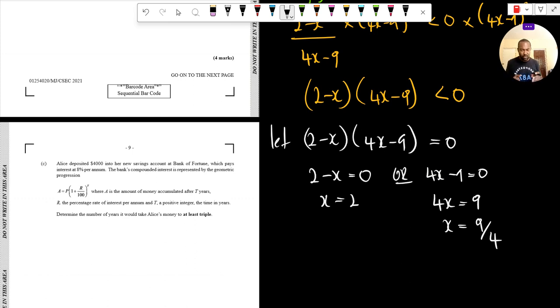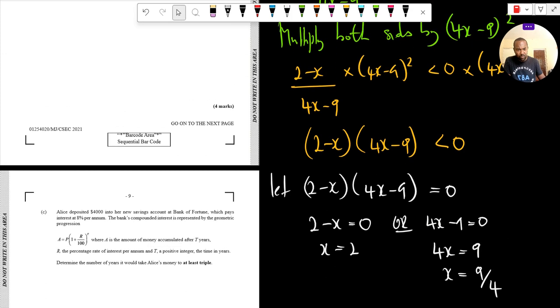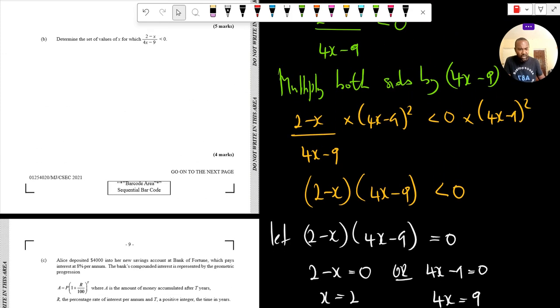So these values would be the solution to the equation. But of course, what we have is not an equation, but an inequality. Now, what is the significance of these values? We will use these values to actually sketch the graph of the quadratic. And how do we know that we have a graph of a quadratic? Now, essentially what we have here is the product of two linear expressions, 2 minus x times 4x minus 9.